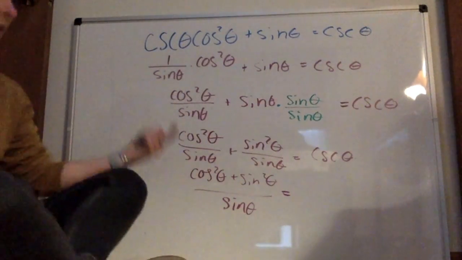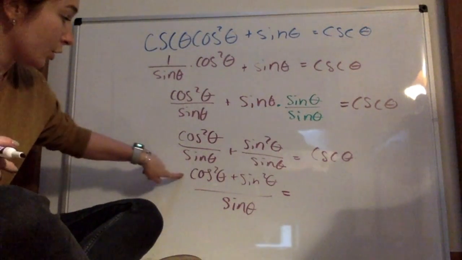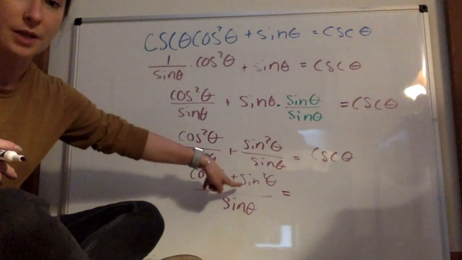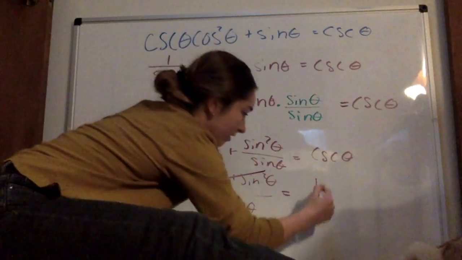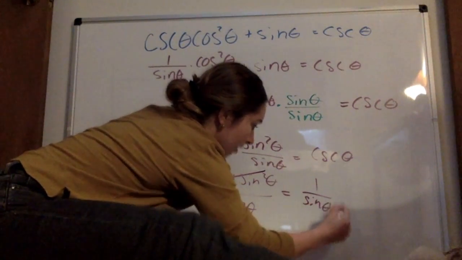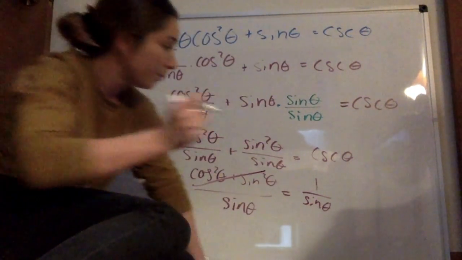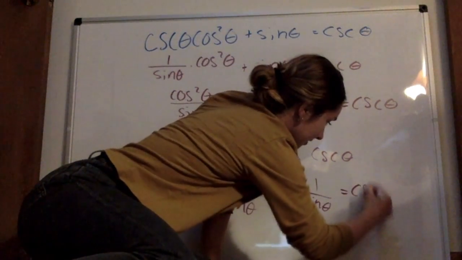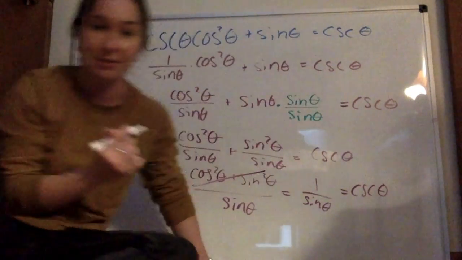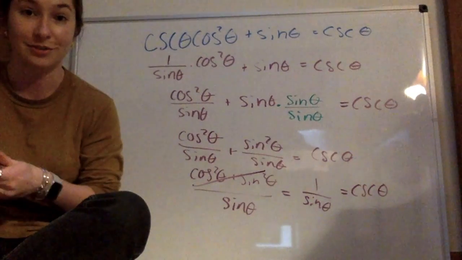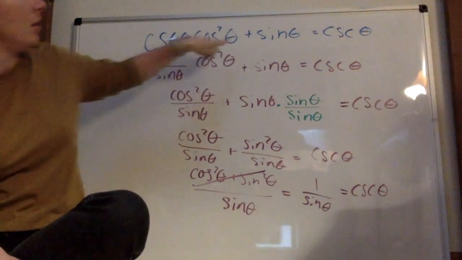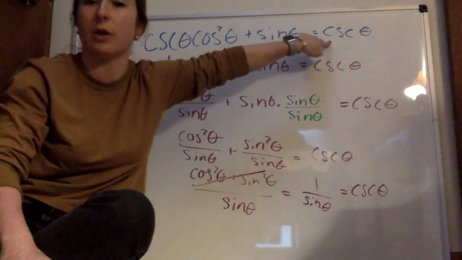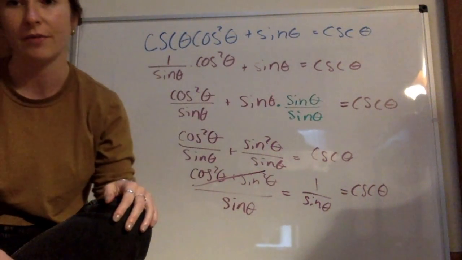And I'm pretty much done. Cosine squared of theta plus sine squared of theta, Pythagorean identity, equals 1. So now I have 1 over sine of theta, and that does, in fact, equal cosecant. Huge. That was fun. So this whole left-hand side all simplified to just be cosecant of theta.